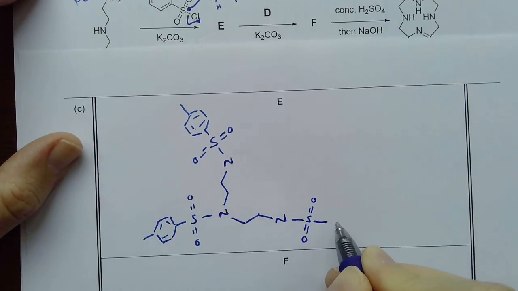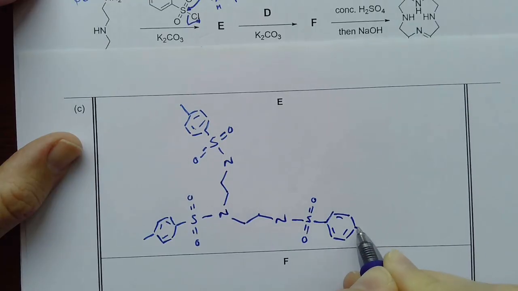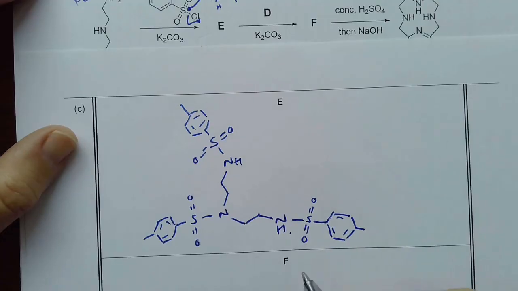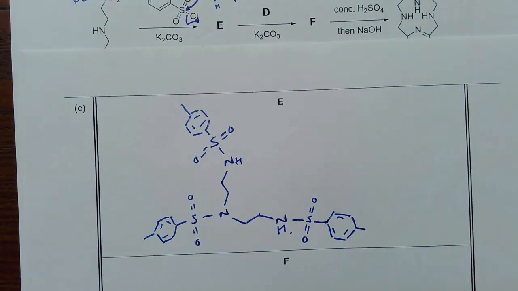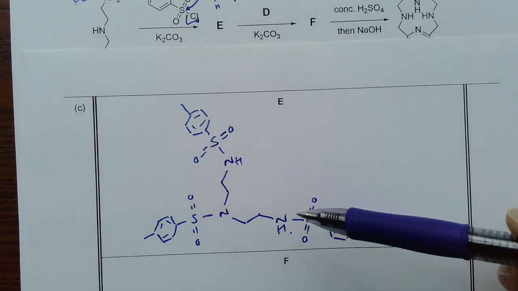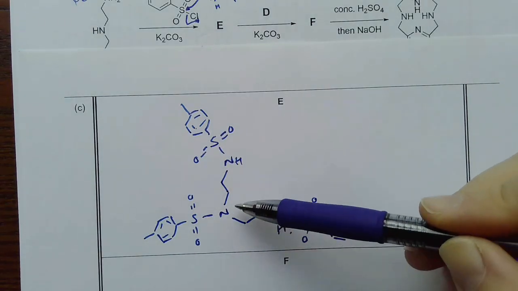All right, so then we have that, and that's going to have a hydrogen, and that's going to have a hydrogen. All right, so at this point, you want to go ahead and double check your molecular formula. So do I have 25 carbons? Well, each of these is 7. 7, 7, 7, 21, 22, 23, 24, 25.